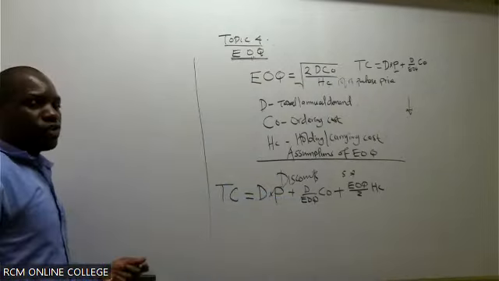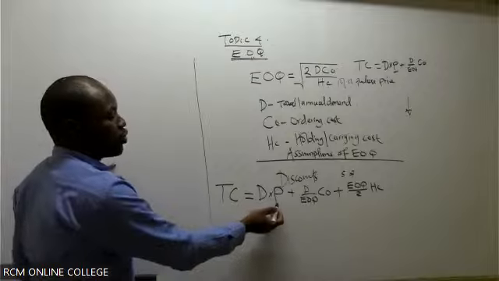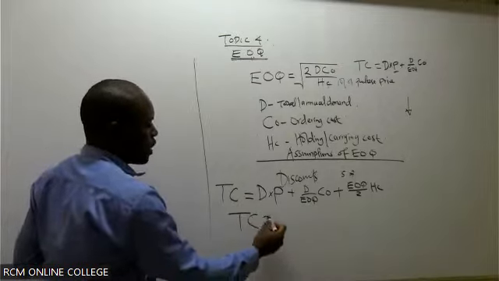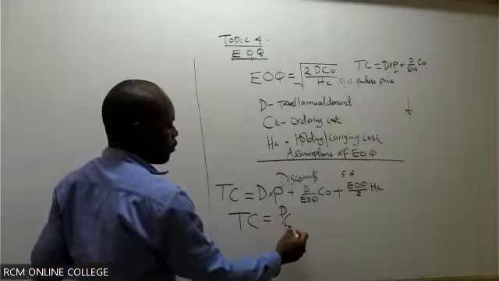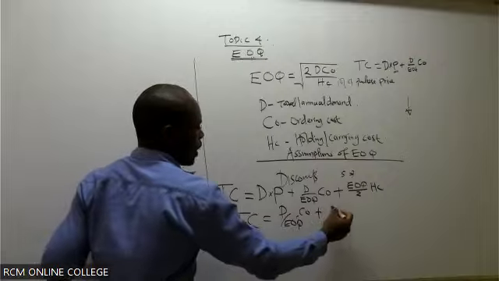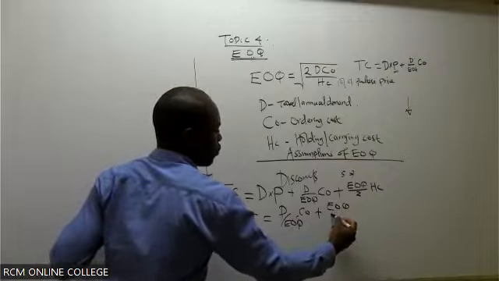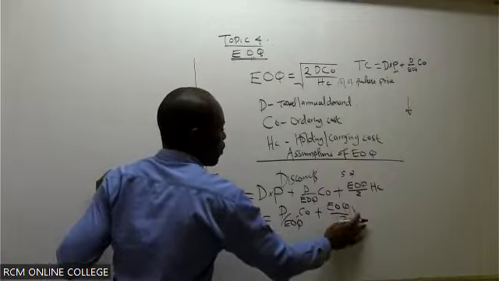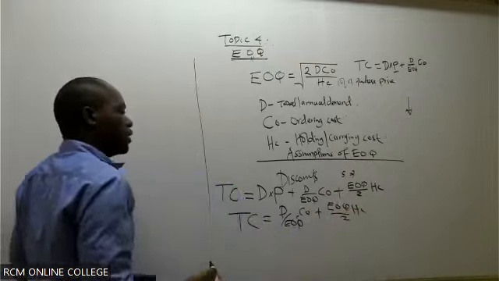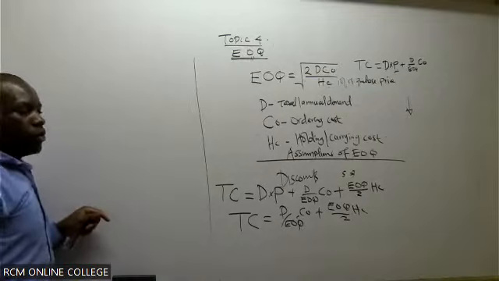Should you get a question whereby the purchase price is not given, then automatically your total cost will still be demand over economic order quantity multiplied by ordering cost plus economic order quantity divided by 2, then you multiply by holding cost. Because why do they assume?